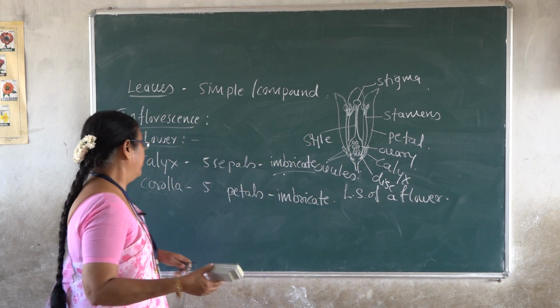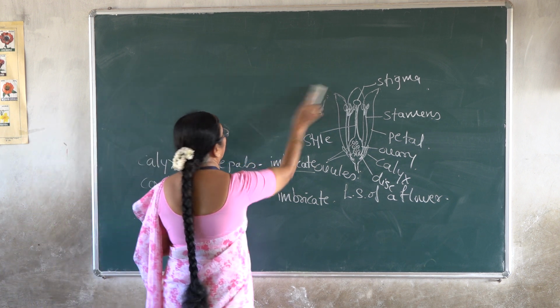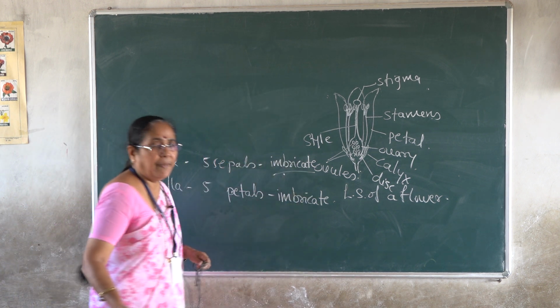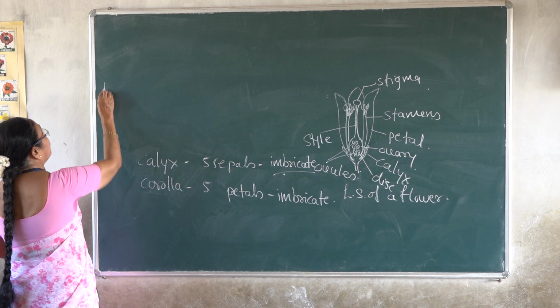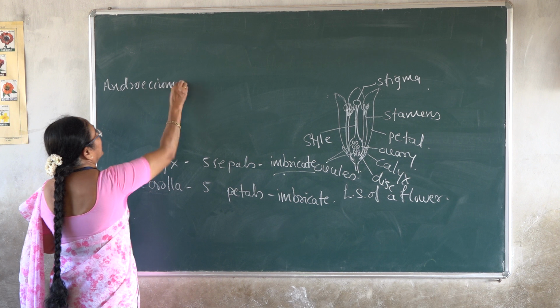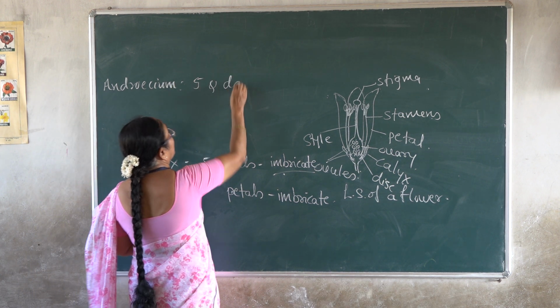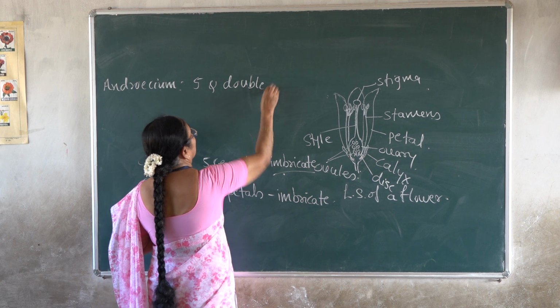Then the androecium, a very important part of the flower. In the flowers of this family, the androecium consists of 5 stamens or double the number of petals.